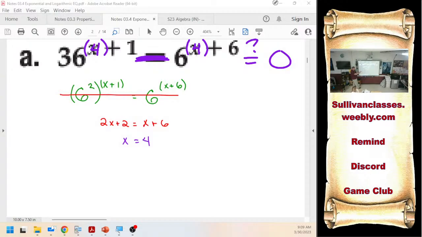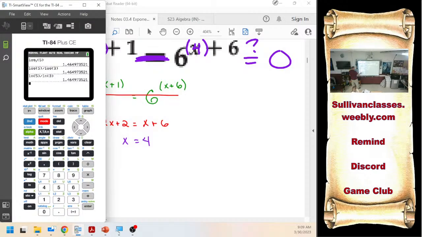Right now I can just type a 4. But if 4 was my last answer, I can now say 36 to the my answer plus 1 minus 6 to the my answer plus 6. Oh, plus 6. There we go. And if I'm right, da-doop-a-doop.